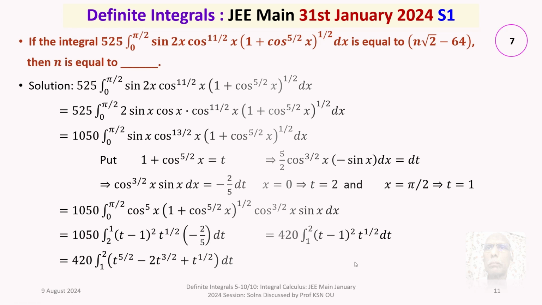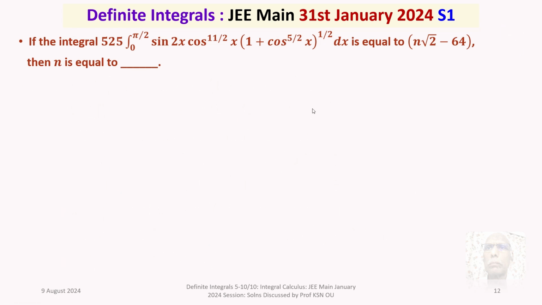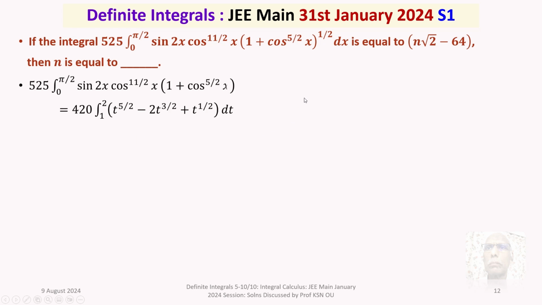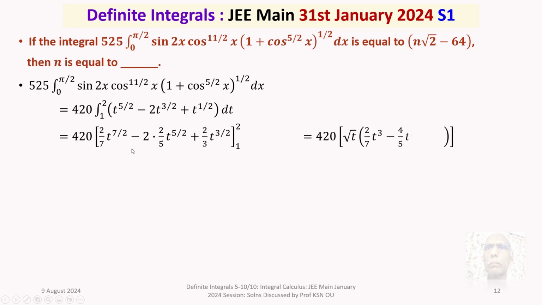We continue in the next slide. This is what we have. Just integrate between the limits 1 to 2. So the integral of t to the power of 5 by 2 is 2 by 7 t to the power of 7 by 2, minus 2 into 2 by 5 t to the power of 5 by 2, plus 2 by 3 t to the power of 3 by 2, between the limits 1 to 2.